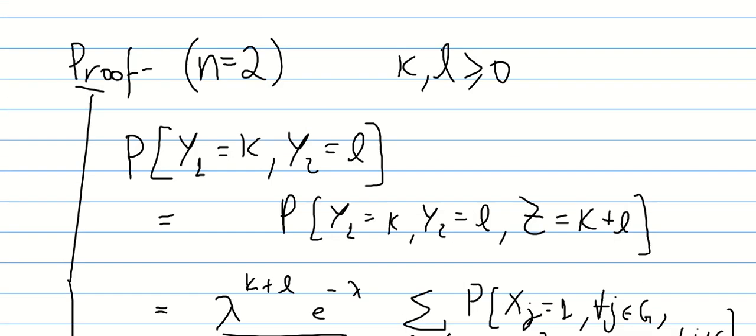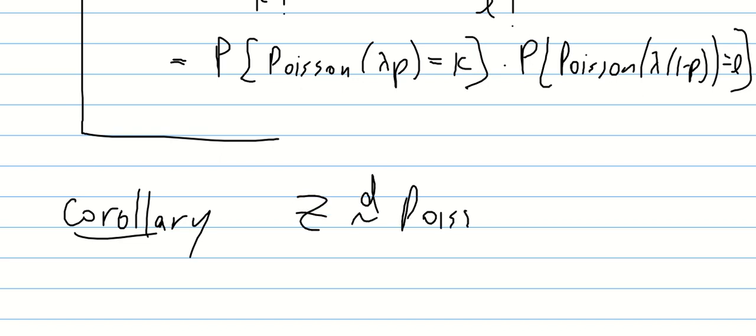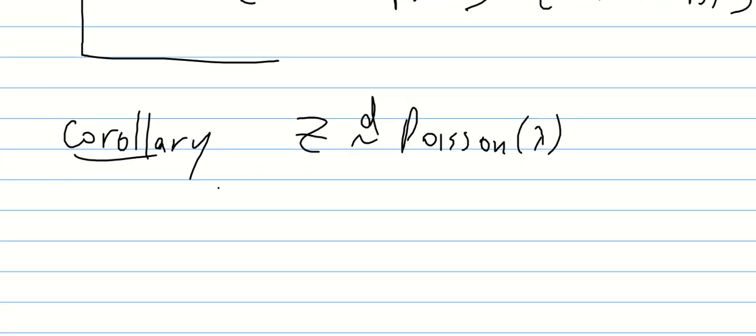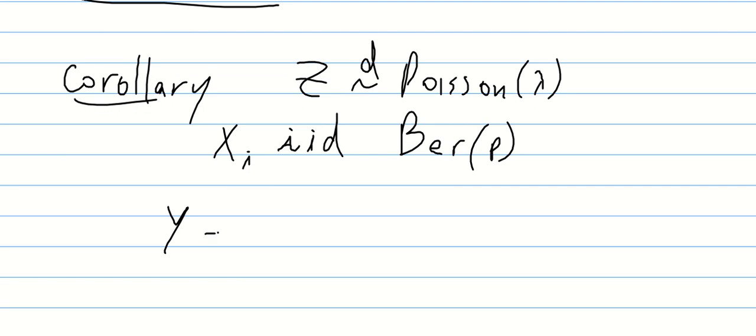So the thinning, why is it called thinning? Because one corollary of this is that if Z has Poisson distribution and x's are IID Bernoulli random variables, then the number of variables Z that were a success.